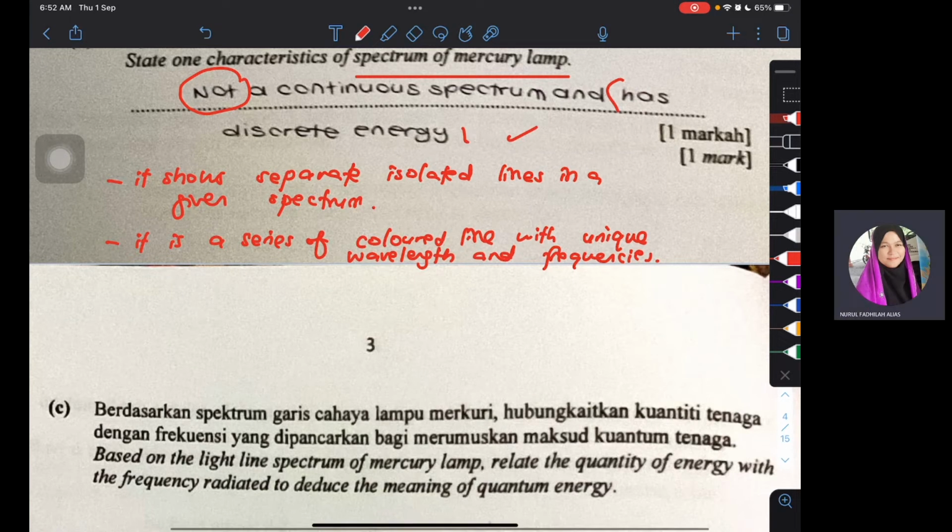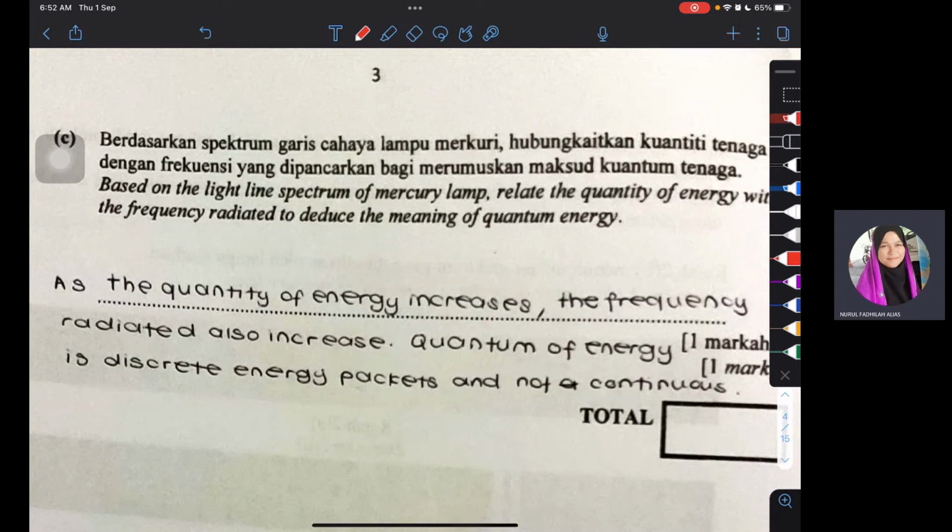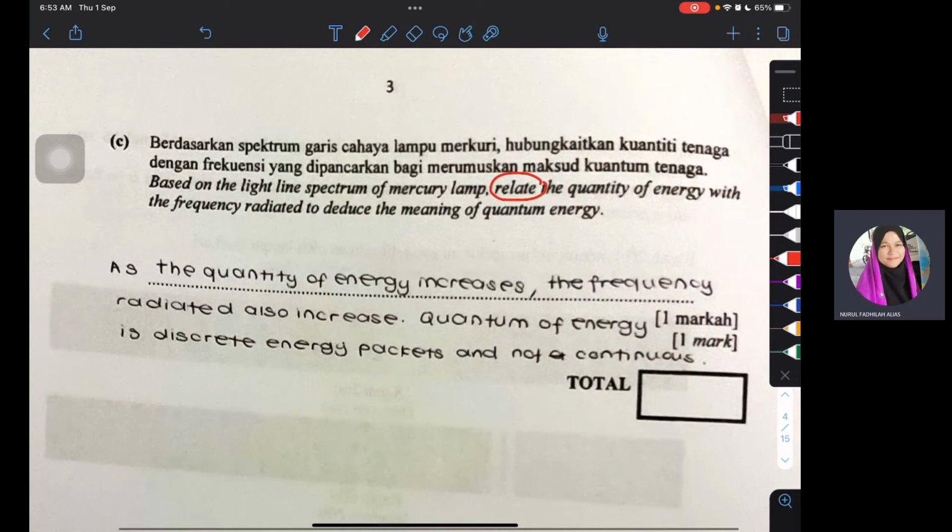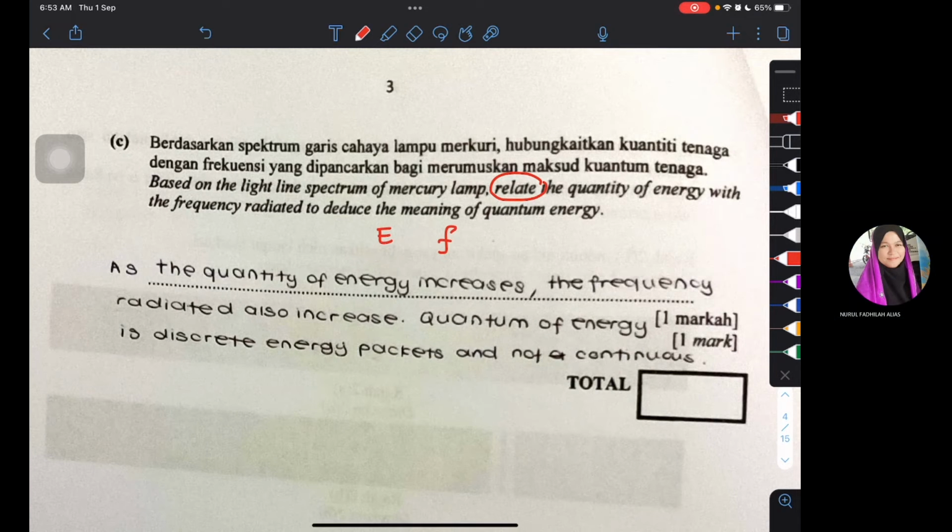Okay, C. Now, based on light spectrum of mercury, dia nak relate. So the higher. Tapi soalan ni dia kata relate the quantity of energy. Okay, dia nak relatekan energy and frequency to deduce.